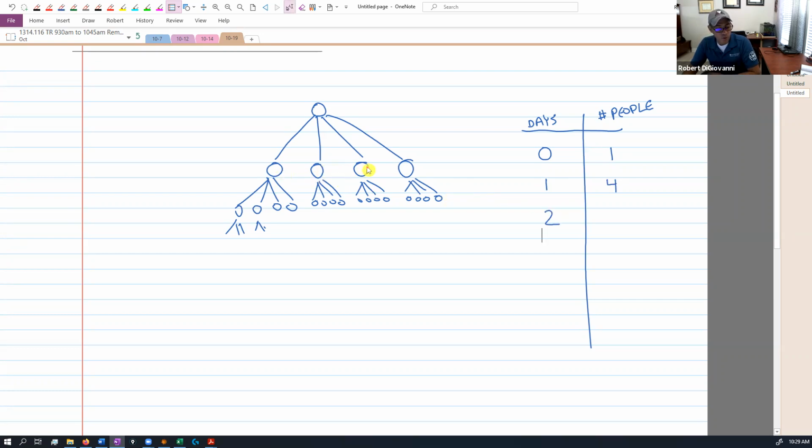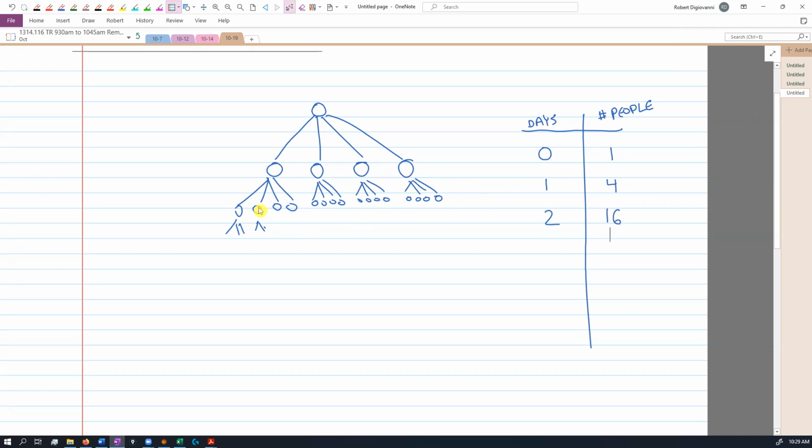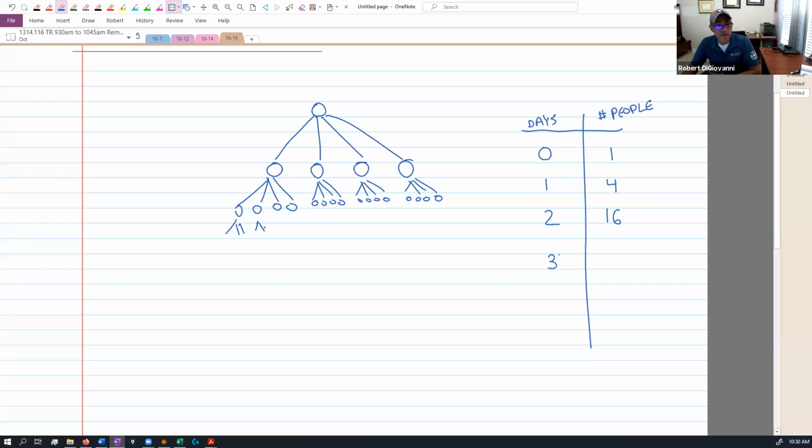Well, each of these 4 spread it to 4, right? So we have to multiply this number by 4, which is 16, right? There's 16 people here on this line. The next day, 4 more people have it, which is 64.